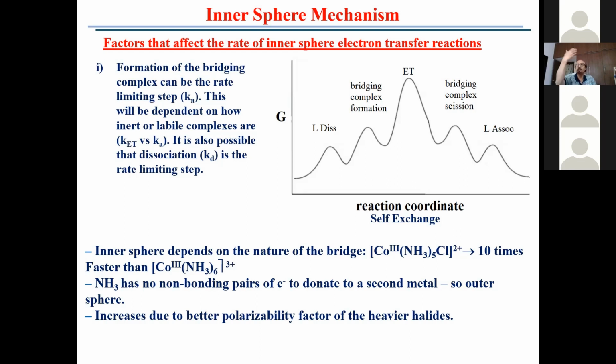For example, among the halides, as you already know, going down from fluoride to iodide the size progressively increases, and iodide facilitates the electron transfer process to a larger extent.